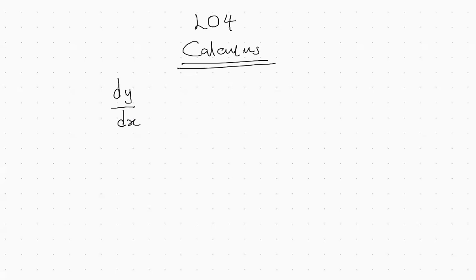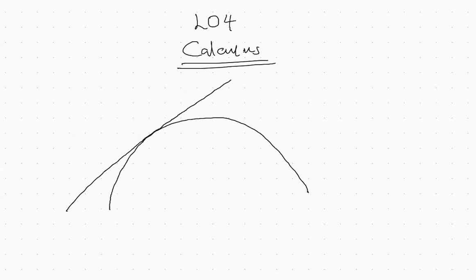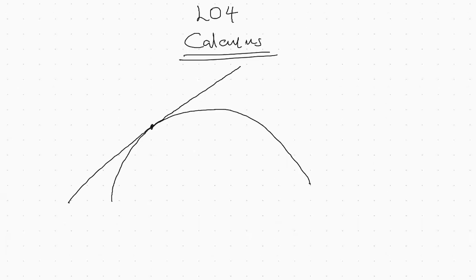When you're talking about gradient, the gradient of a curve is defined as the gradient of the tangent to that curve. If they ask you to find the gradient, you draw a tangent, then find the gradient of that tangent. That gives you the gradient of the curve.